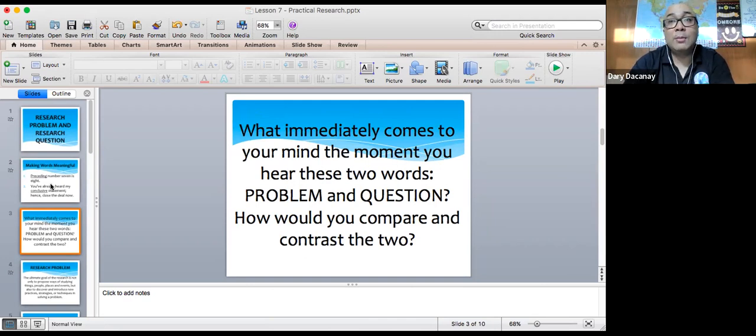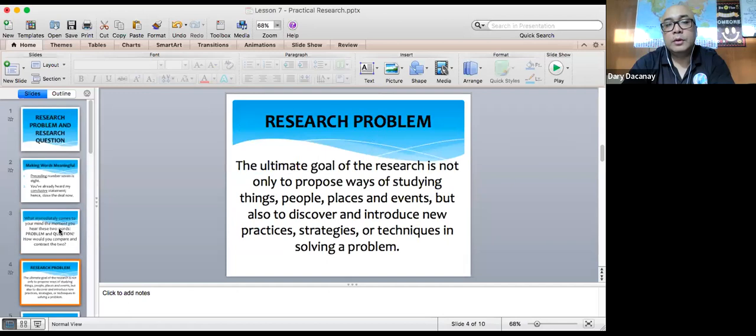So you need to gather the answers to the question that you're going to formulate to hopefully help you in solving or giving a clear understanding of the research that you're going to do. So the problem now is how are you going to compare and contrast the two things? First is the research problem.